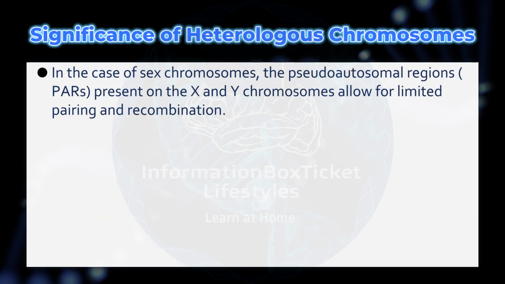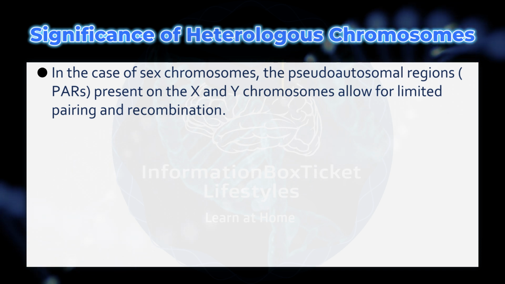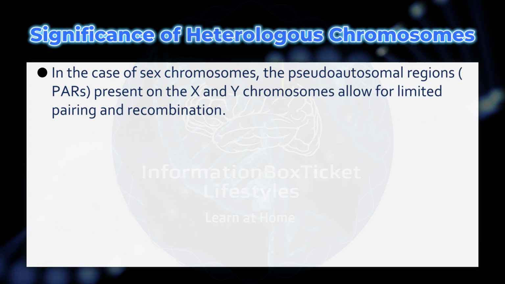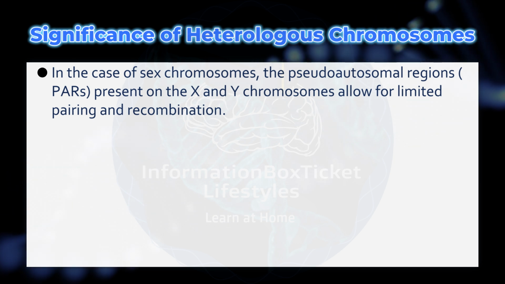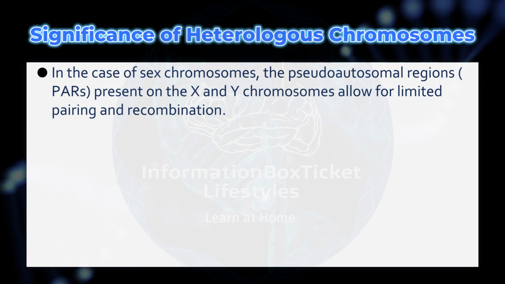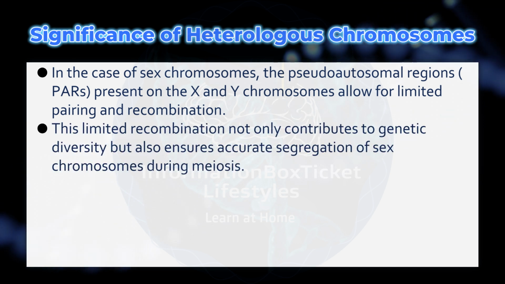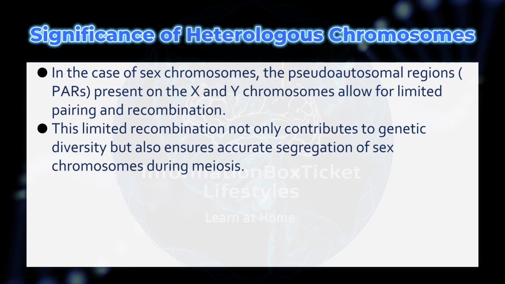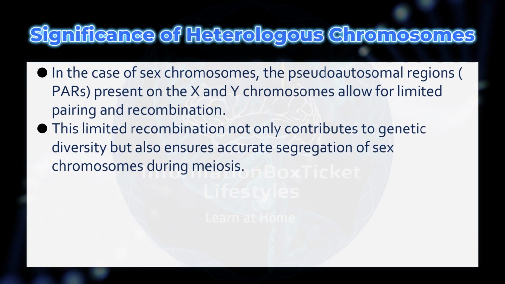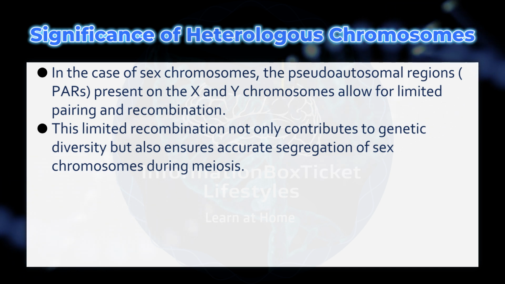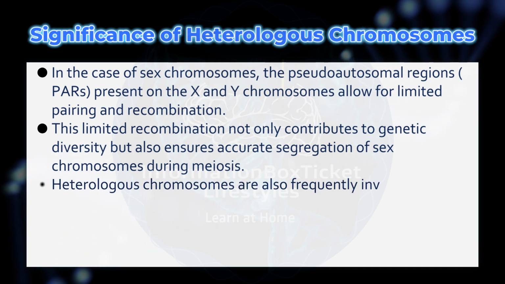In the case of sex chromosomes, the pseudoautosomal regions, PARs, present on the X and Y chromosomes allow for limited pairing and recombination. This limited recombination not only contributes to genetic diversity, but also ensures accurate segregation of sex chromosomes during meiosis.